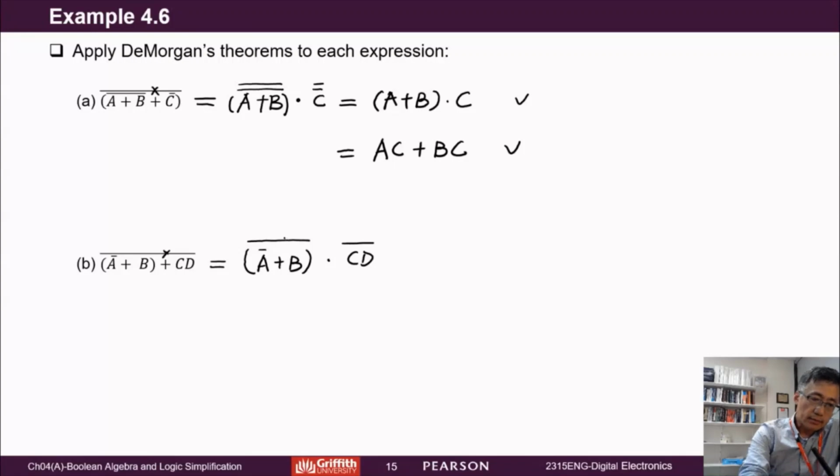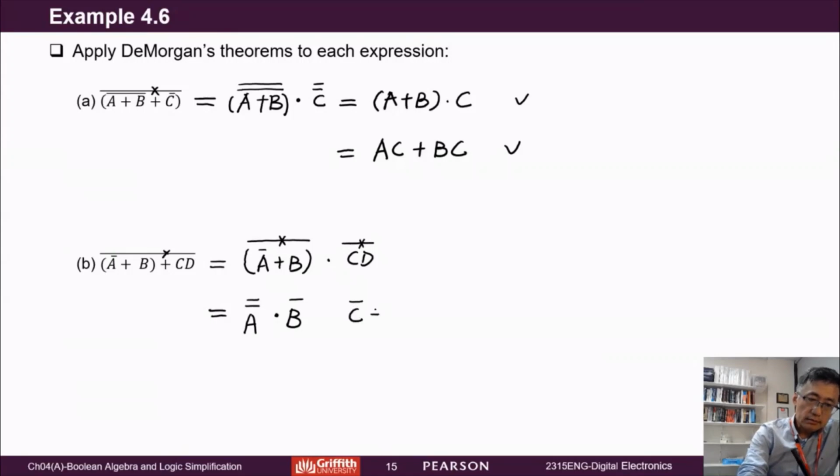And how about this part? Then we break this part and break this part. Just some practice, because we have a long bar on more than 1 variable, 2 variables. We need to break it. First this part, and break it. We have 1 bar, another bar on A, and the OR gate becomes an AND gate, and we have a bar here. How about this part?